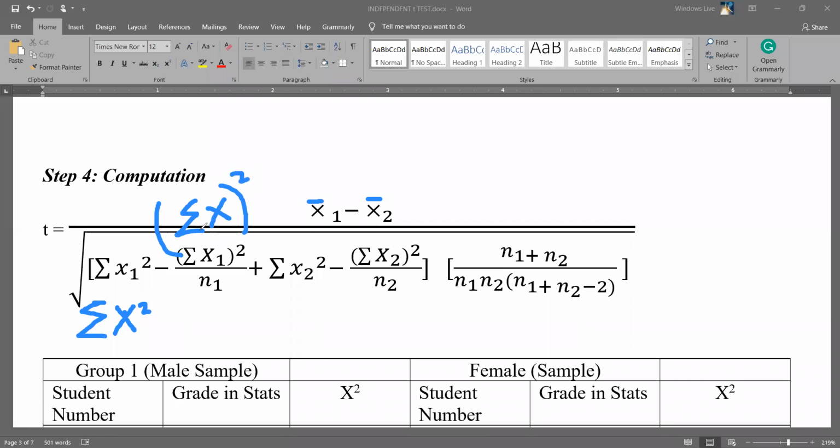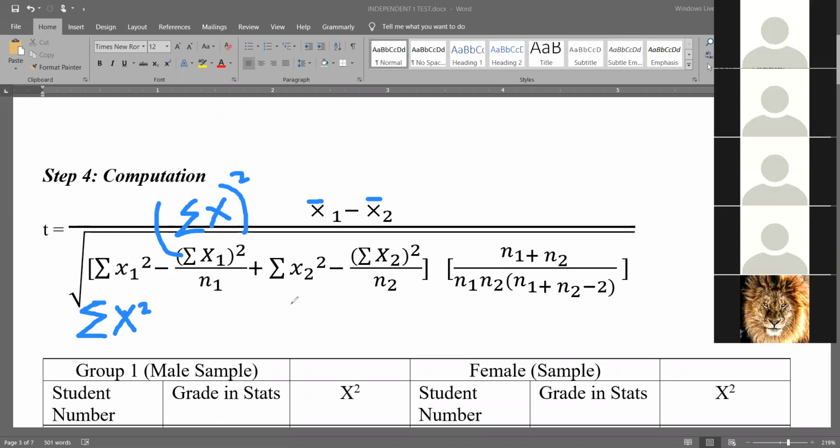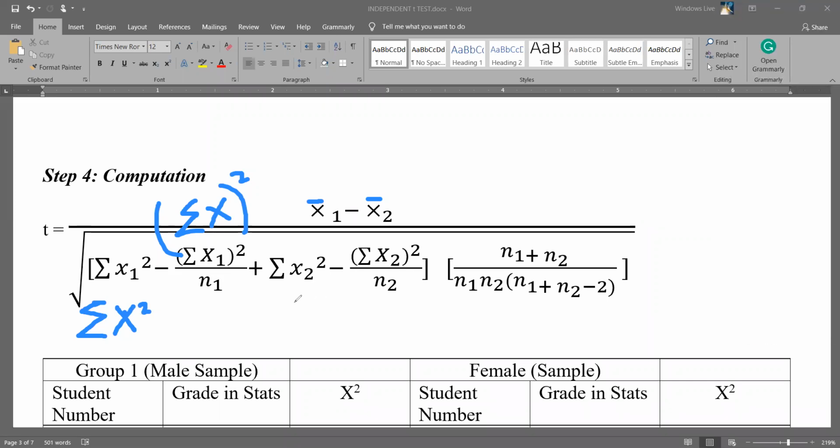So you find sigma x squared for group 1. Then you also find sigma x all squared for group 2.